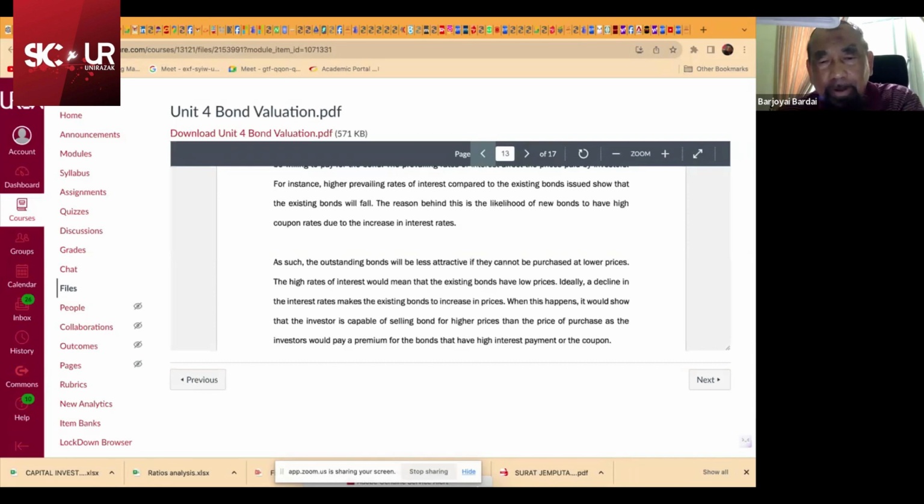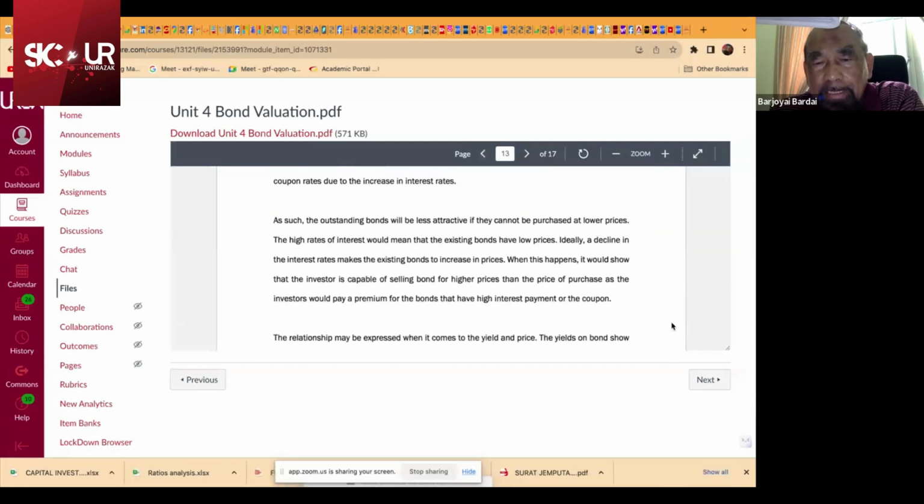The outstanding bond will be less attractive if they cannot be purchased at a lower price, and a higher rate of interest would mean that the existing bond has a low price. So ideally, a decline in the interest rate, which is the Federal Reserve interest rate, makes the existing bond increase in price.